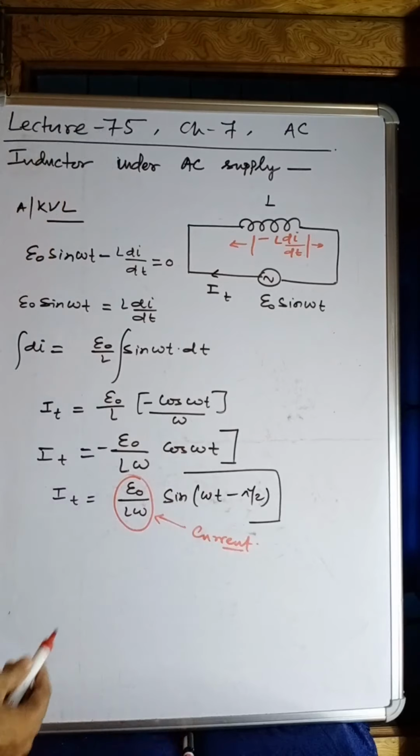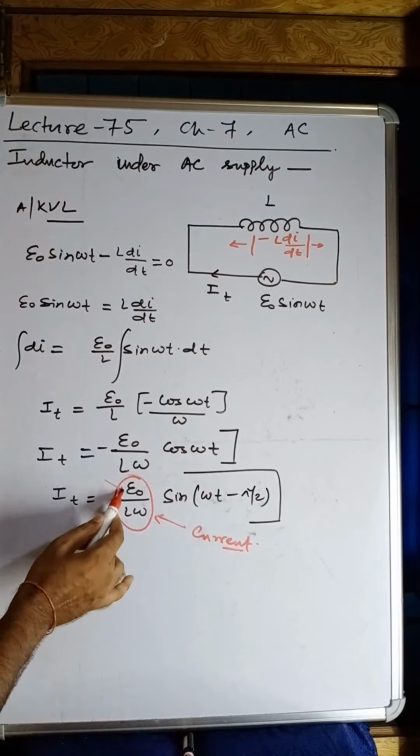If it is current and this is voltage, of course the quantity which is dividing the voltage must be a resistance, or like resistance. Yes, this is a resistance, my dear students. And this resistance has a special name, L omega. This is called XL, which is reactance.